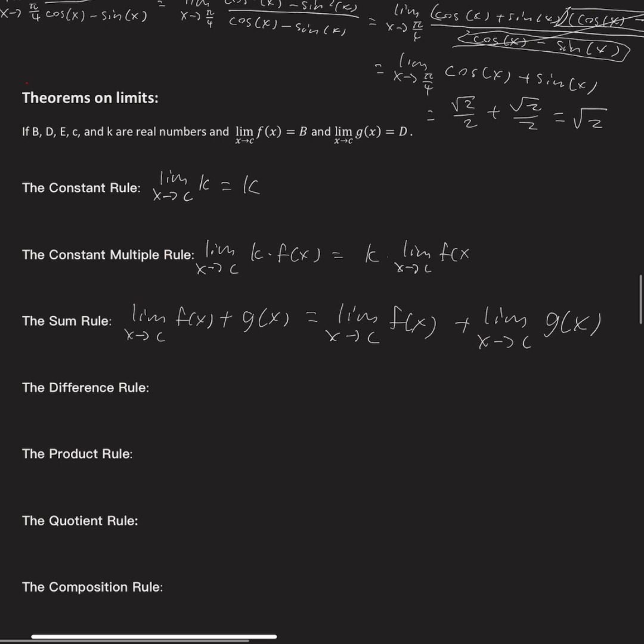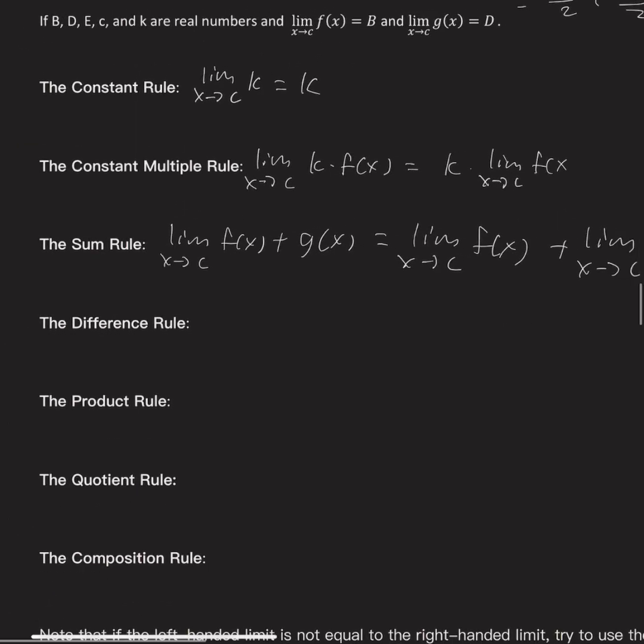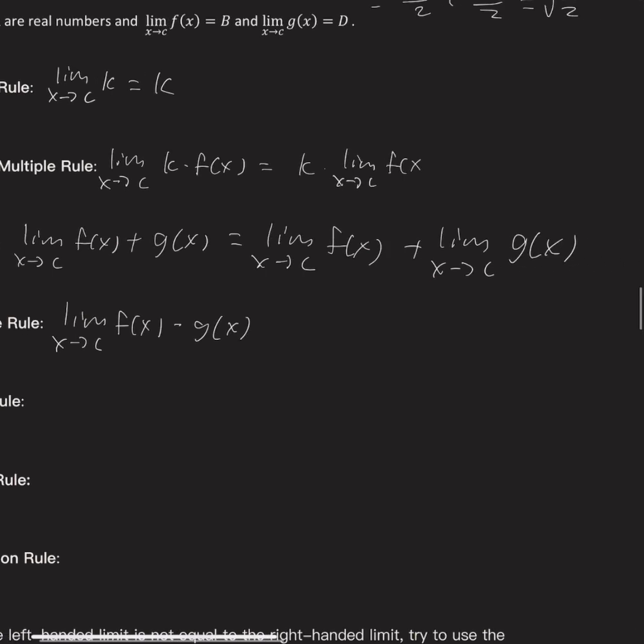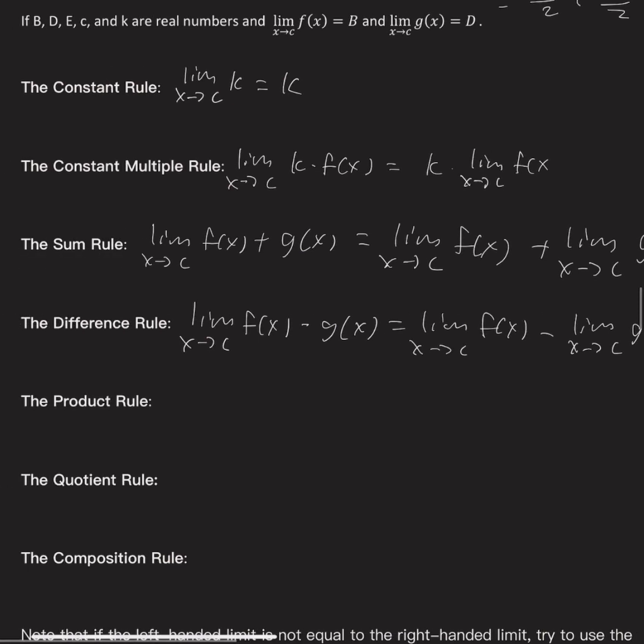Basically, you can take the functions apart, calculate the limits individually, and sum the values. The difference rule is basically the same as the sum rule, except we use the minus sign instead of the plus sign. The limit as x approaches c of f of x minus the limit as x approaches c of g of x.